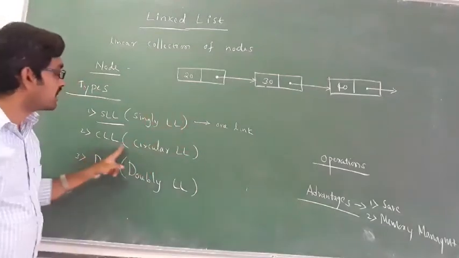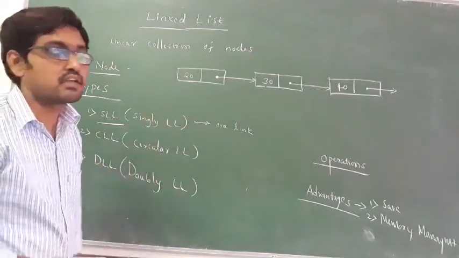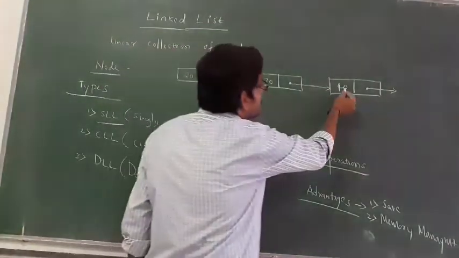Then circular linked list. Circular linked list means, see the last node.